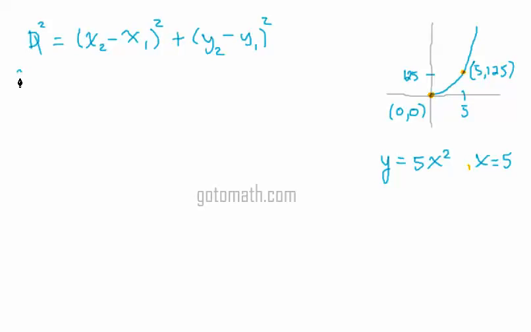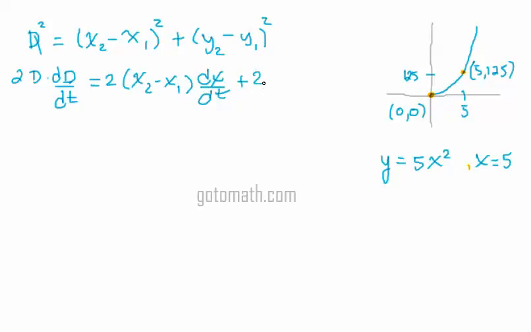So I'm going to bring the 2 out front, and then we have d over dt of d squared equal to 2 times x2 minus x1 times dx over dt, plus 2 times y2 minus y1 times dy over dt.